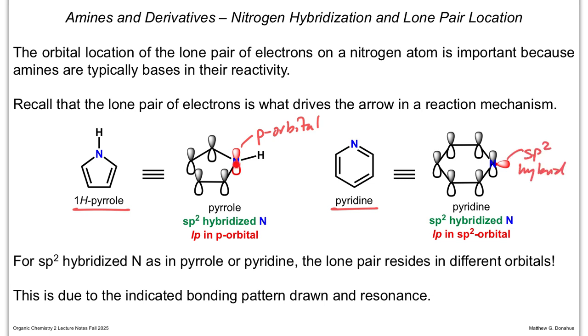In the pyrrole, those electrons are tied up in that conjugation, so they can't act as a base to abstract a proton. But in pyridine, they're kind of sticking out. They're waiting to form a bond, whether it's to a hydrogen or some other electrophile. Stated another way, these can undergo resonance, these cannot, because that orbital is 90 degrees from the pi cloud.